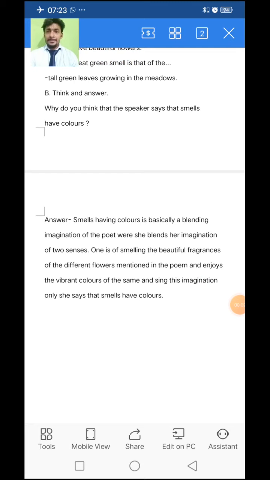Now I said we will discuss the final exercise of Smells, which is Think and Answer. The question for this exercise is, why do you think that the speaker says that smells have colors? The answer I have mentioned here is, smells having colors is basically a blending imagination of the poet.